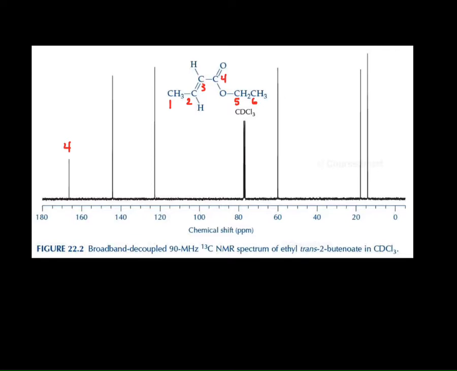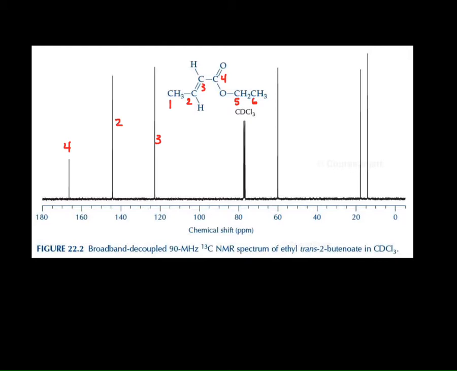Remember, electron withdrawing groups. Well, a carbon that has a positive charge is much more electron deficient than a carbon that doesn't. And therefore, I can say that carbon 2 is going to be the one shifted further downfield, and carbon 3 is the one that's not shifted as much.